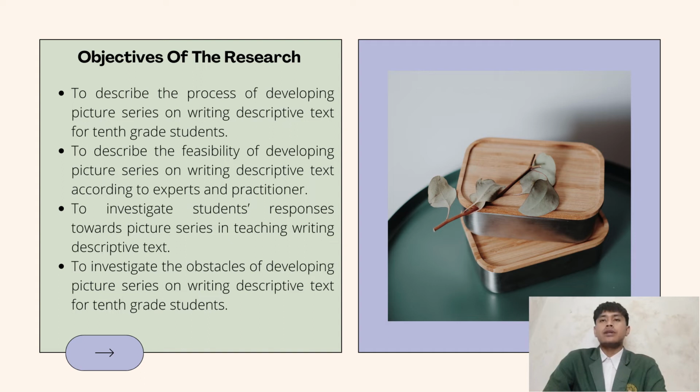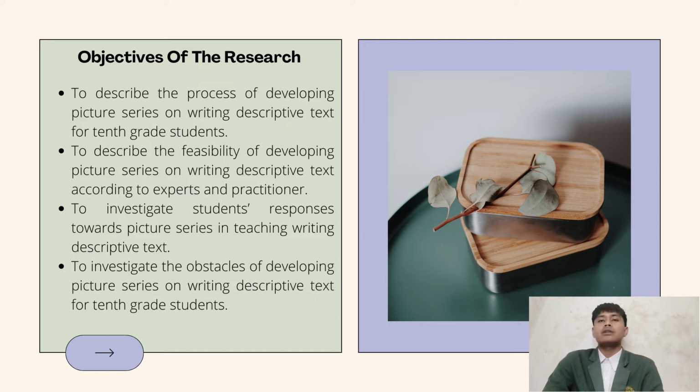There are four objectives of the research. The first one, to describe the process of developing picture series on writing descriptive text using Canva for 10th grade student. And the second, to describe the feasibility of developing picture series on writing descriptive text using Canva according to expert and practitioner.